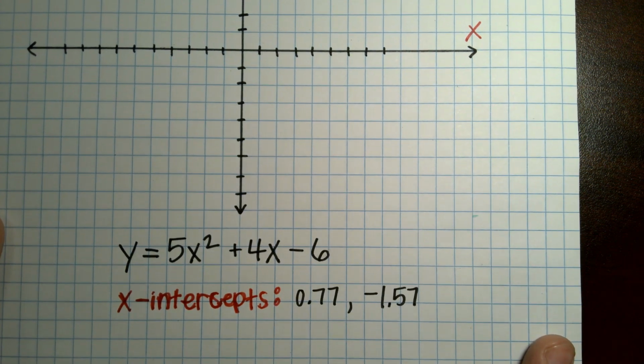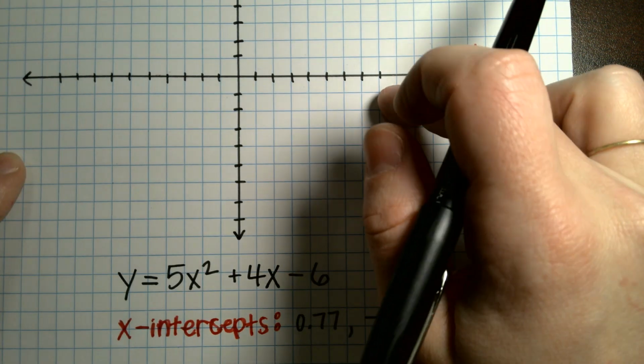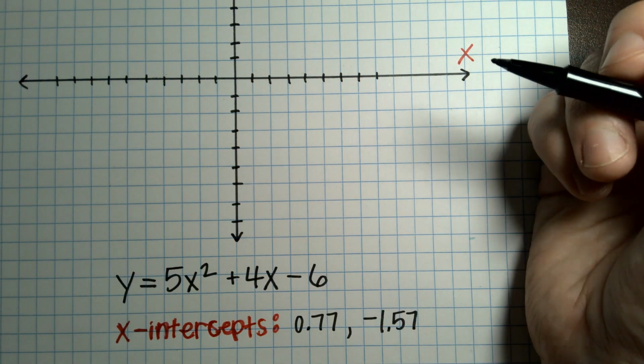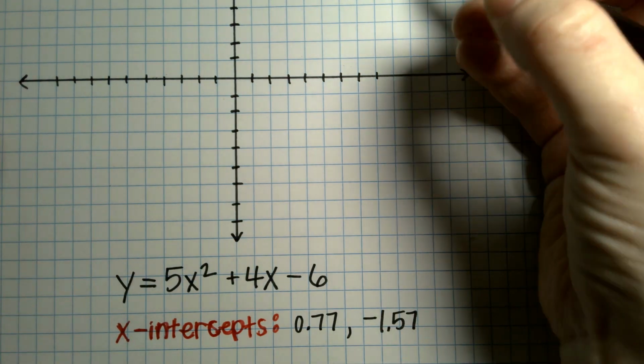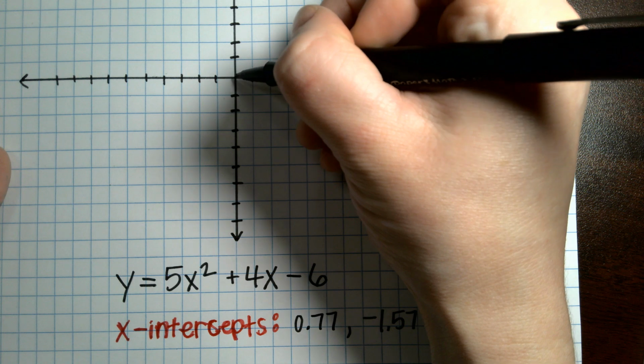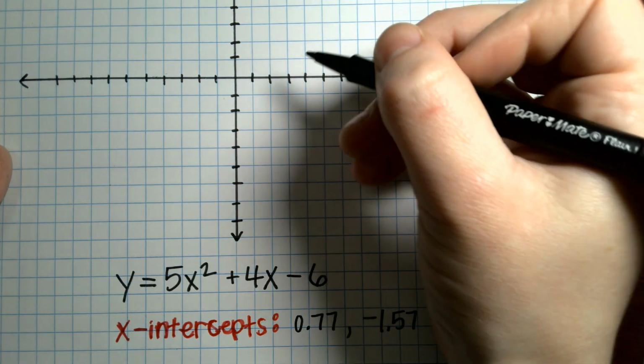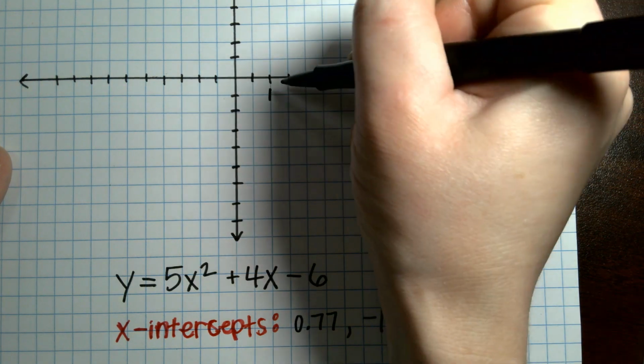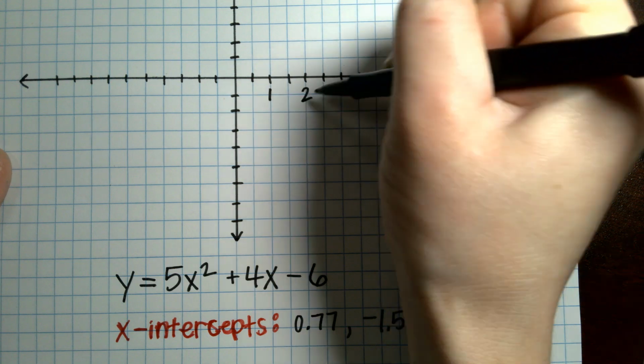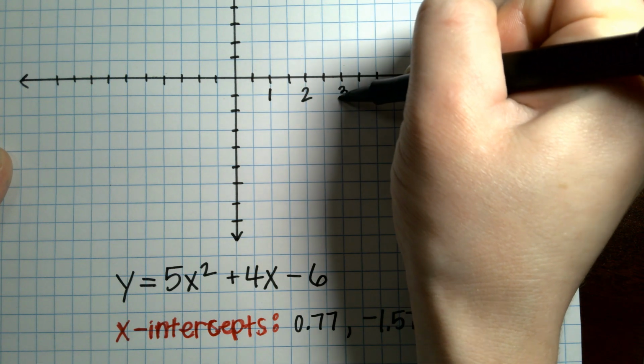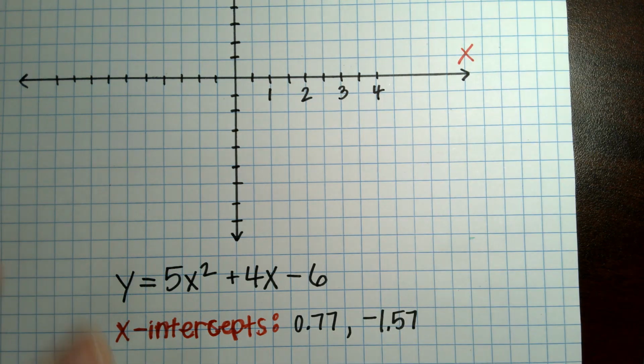I appreciate you asking. So let's label our x-axis first. And since we've got some pretty small numbers, I think every 2 tick marks will be 1. So it'll be like 1, skip 1, 2, skip 1, 3, skip 1, 4. Go like that.